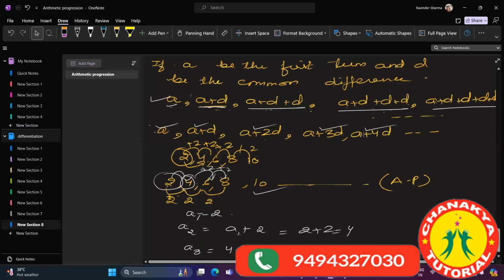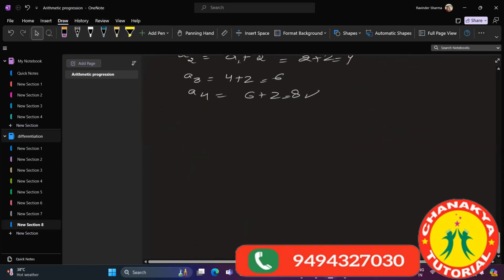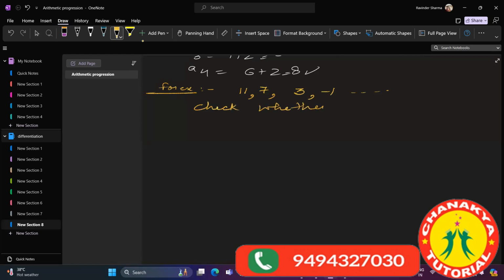Okay, children, now next is, for example, suppose we have a sequence 11, 7, 3, minus 1, and you have to check whether the sequence is in AP or not.